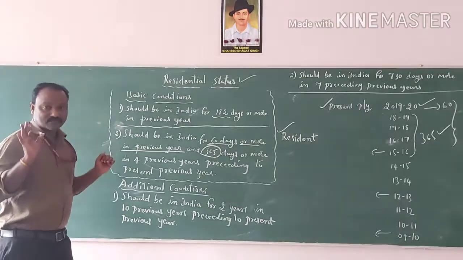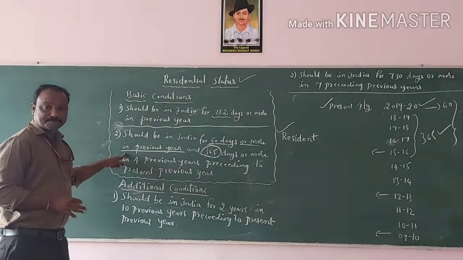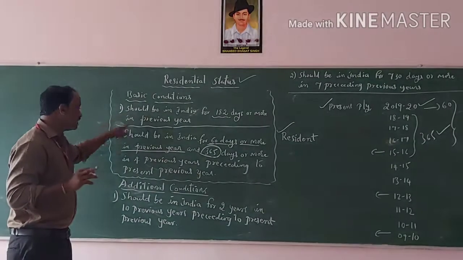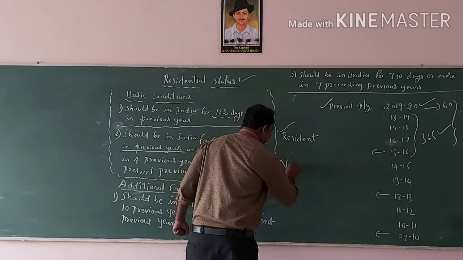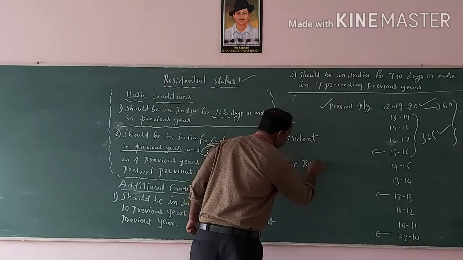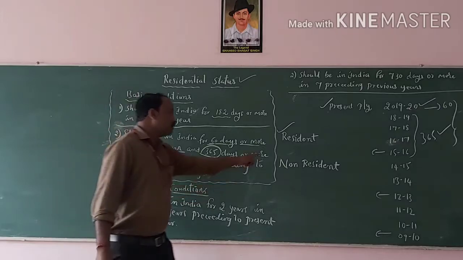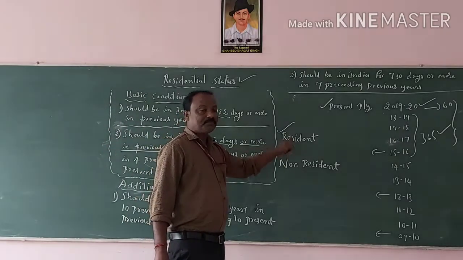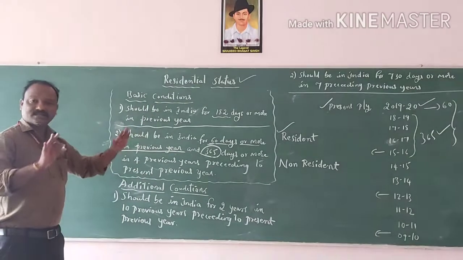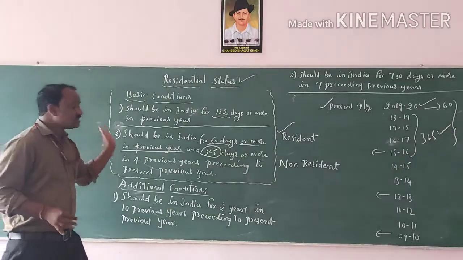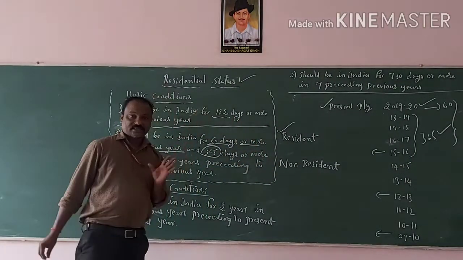If a person does not satisfy any of these 2 conditions, then he will be treated as a non-resident. To become a resident of India, he has to fulfill any one or both conditions. So this is about basic conditions.